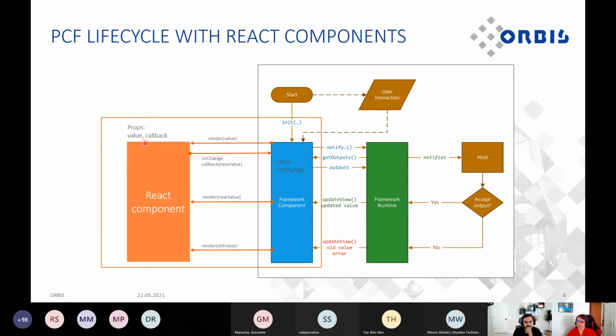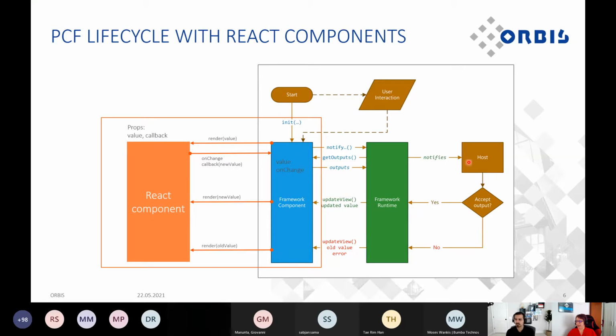When something changes inside my React component, I call the onChange callback, which is passed to my PCF, which calls notify. Then we can get the output, so the framework runtime will get the outputs.